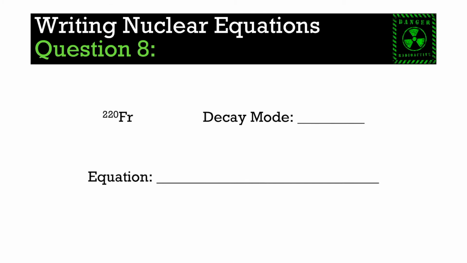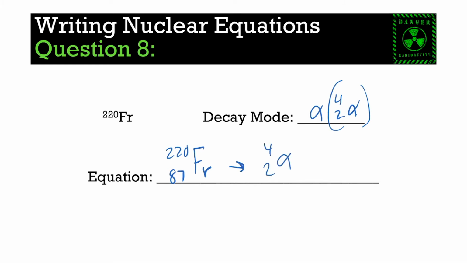Okay. Francium 220 is alpha decay. And again, this is 4-2 that. So we can start off with this. And again, francium is number 87. We know it's going to release an alpha particle.